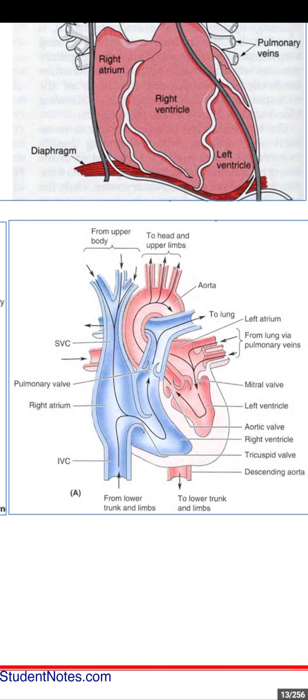So this pulmonary vein, the lungs purified oxygenated blood enters into the pulmonary veins from the lungs, and it enters through the mitral valve into the left ventricle, and after the left atrium it reaches the mitral valve, through the mitral valve to the left ventricle to the aorta.